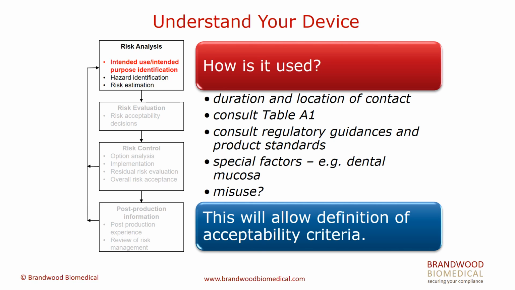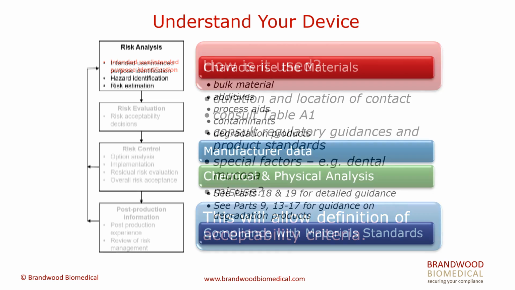For example, is your product exposed to the dental mucosa, in which case you might choose to use the specific dental mucosal test methods rather than the more general mucosal test methods. And also think about potential misuse where it may affect biological safety. All of this allows you to define acceptability criteria for your risk management.